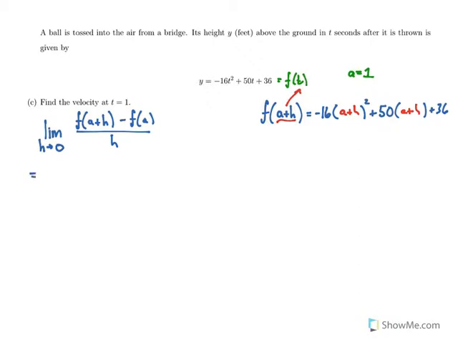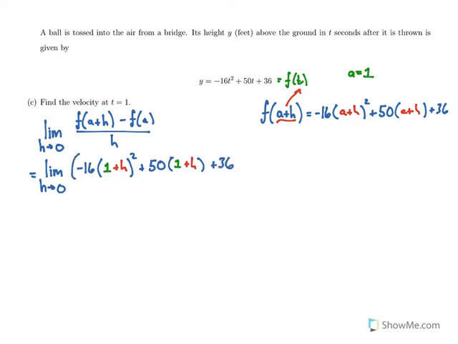So this limit we can rewrite as the limit as h approaches 0 of negative 16 times the quantity 1 plus h squared, plus 50 times 1 plus h, plus 36.